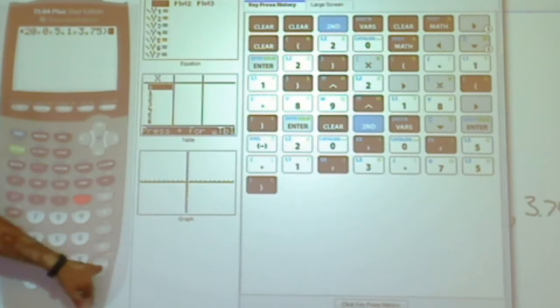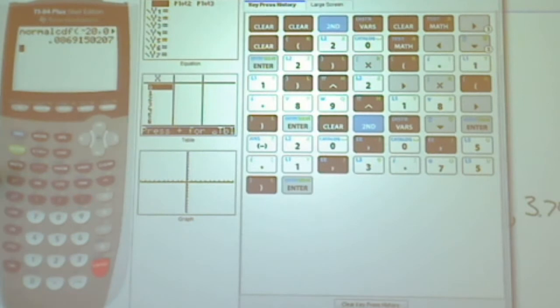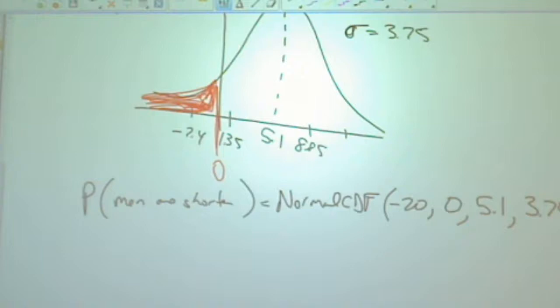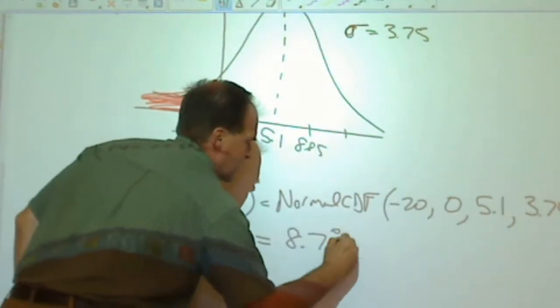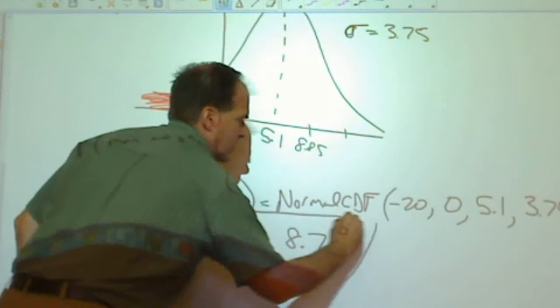That's the order that you enter these. And so I got 0.087, so 8.7%. This is what we're looking for.